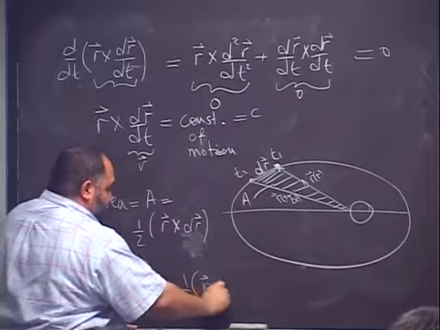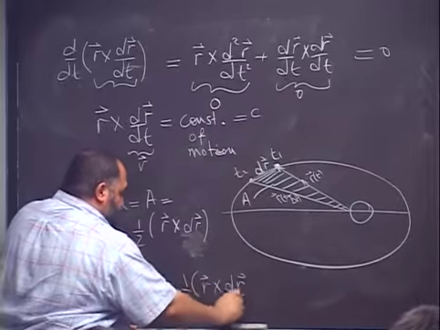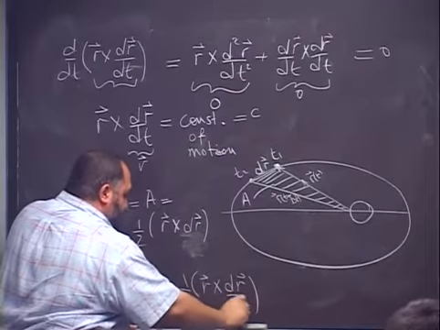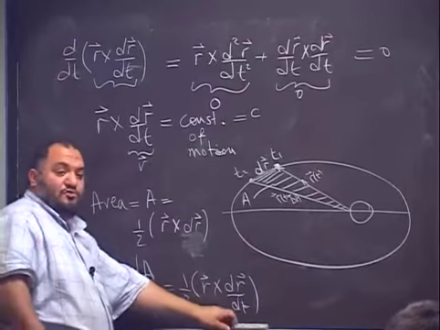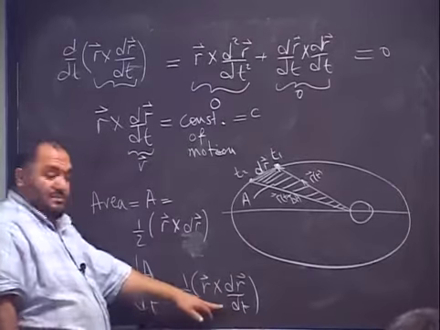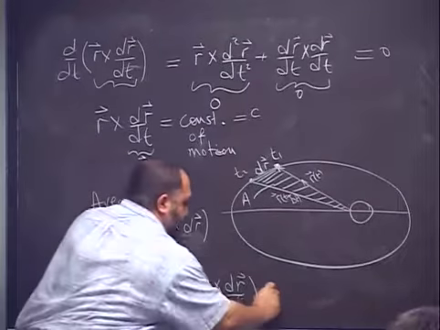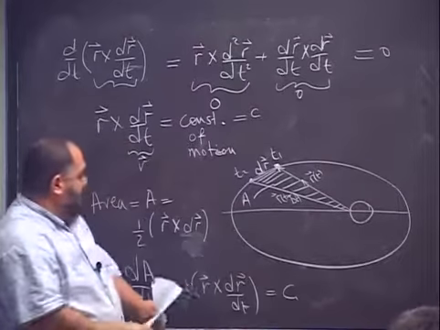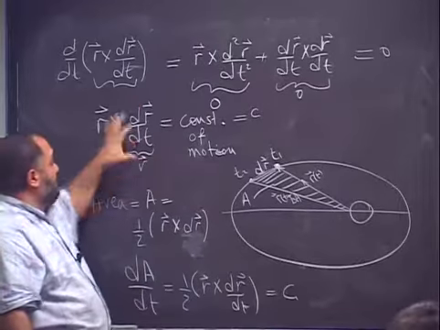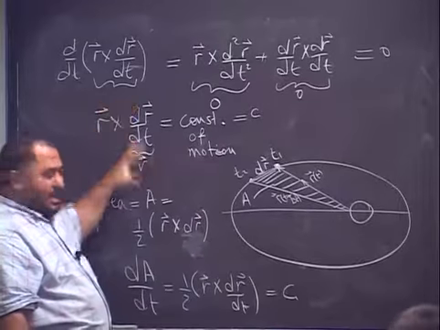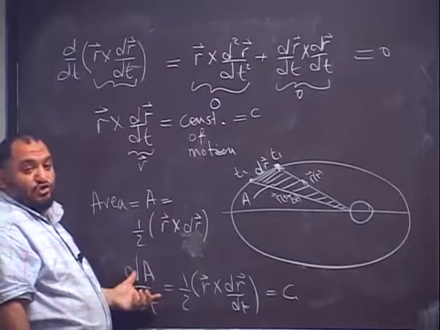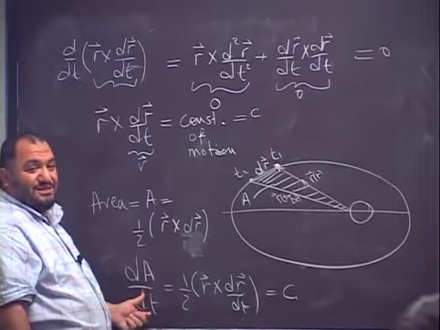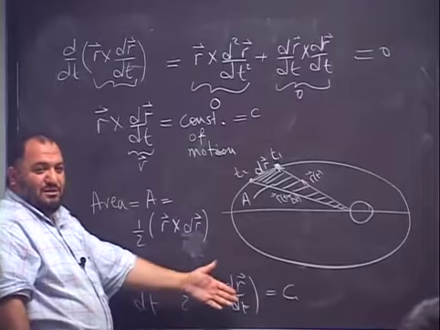Half r crossed with dr by dt. So this is the constant of motion here. Okay? And we showed that the time rate of change of area is equal to what? Constant. What law? Do you remember?